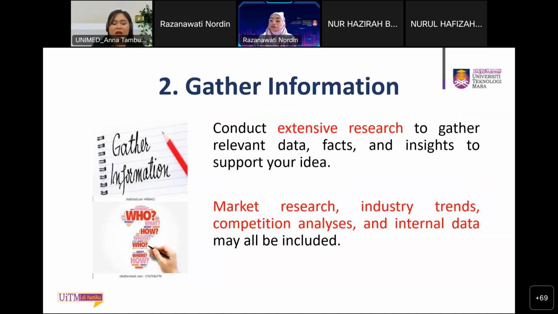And then you have to do research and gather information. Now, conduct thorough research to gather relevant data, facts, and insight to support your proposal. So you talk with the data with you, so the stakeholders can understand.